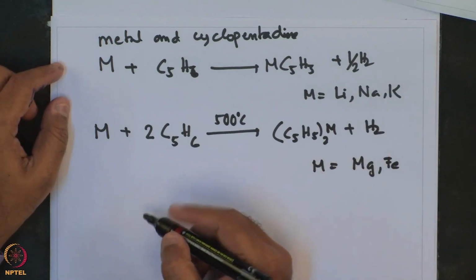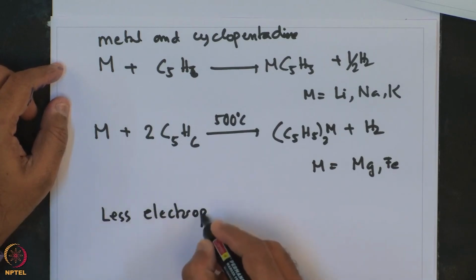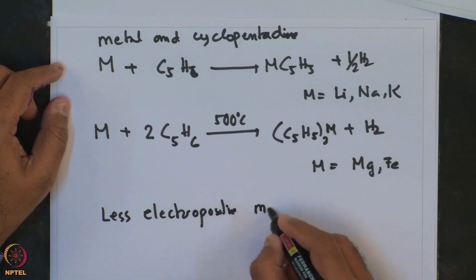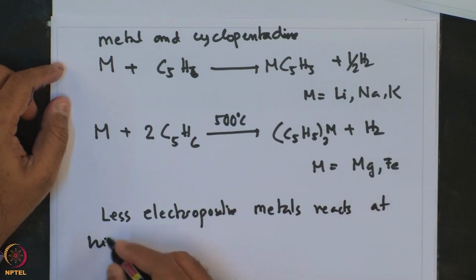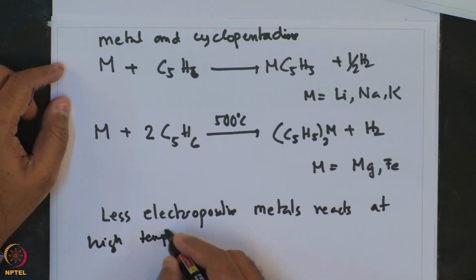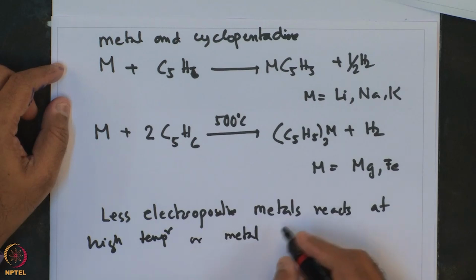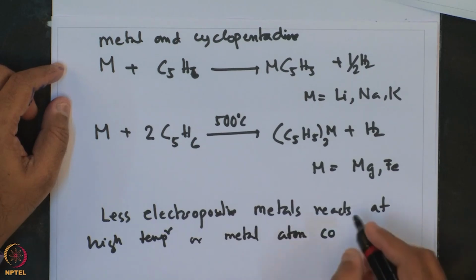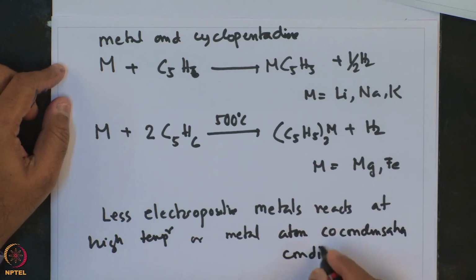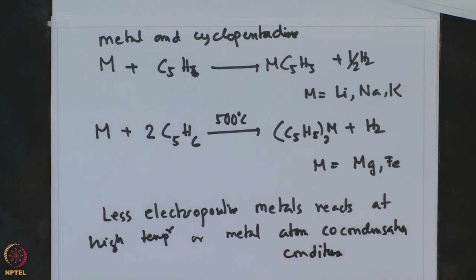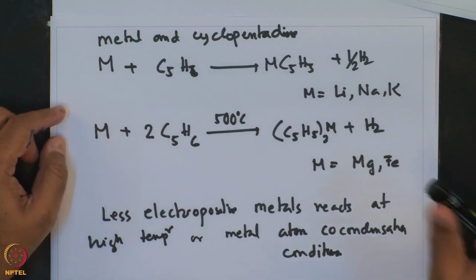So, what does it say? It says that less electropositive metals react at high temperature or under metal atom co-condensation conditions, whereas highly electropositive metals react immediately or readily with cyclopentadiene with the elimination of hydrogen.